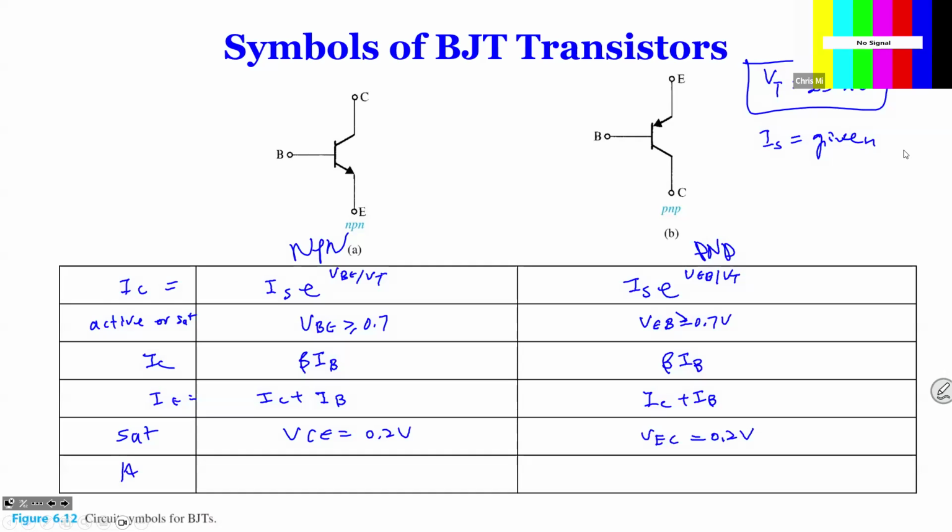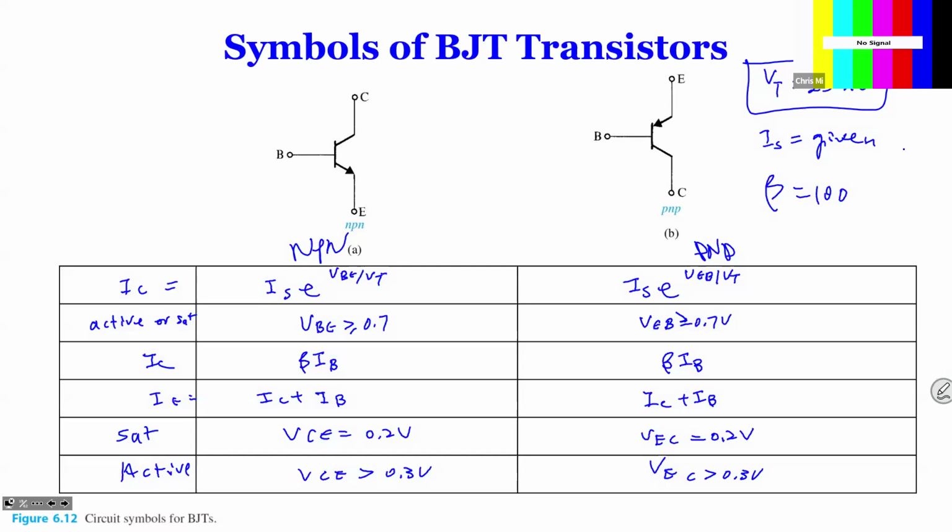In active mode, okay. So these are some basic properties. Now, of course, beta, typically is 100, things like that.